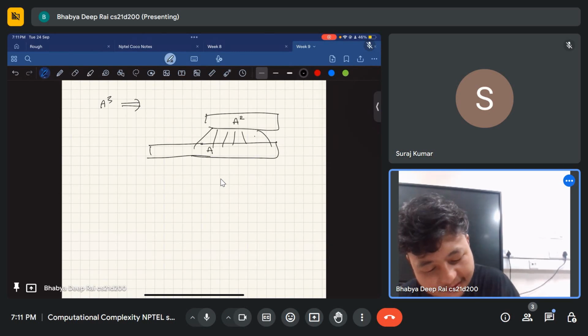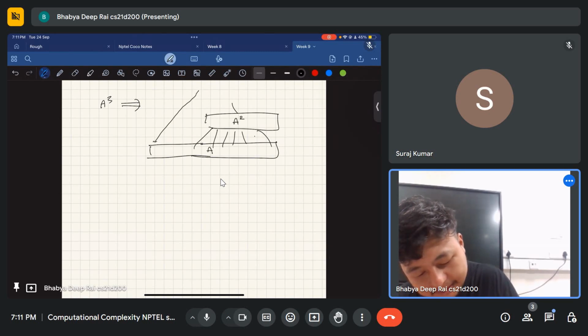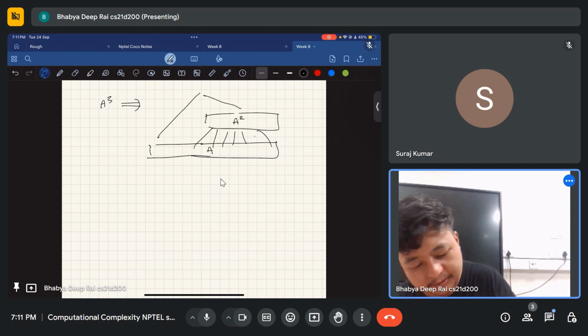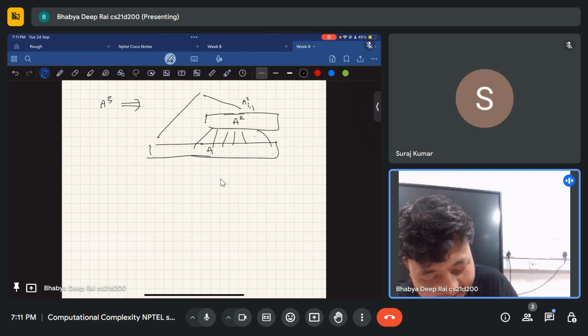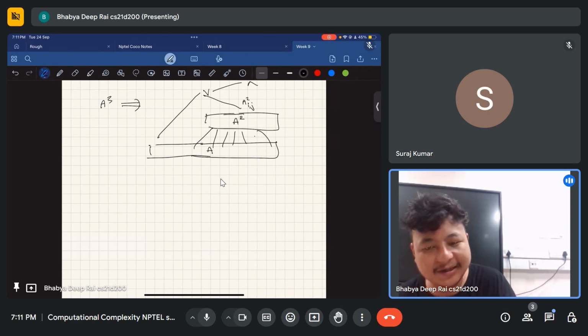And now what you do is you take these two, and A square will give you a single position, something like A square ij, and here you'll compute OR of this and then compute a bigger AND.